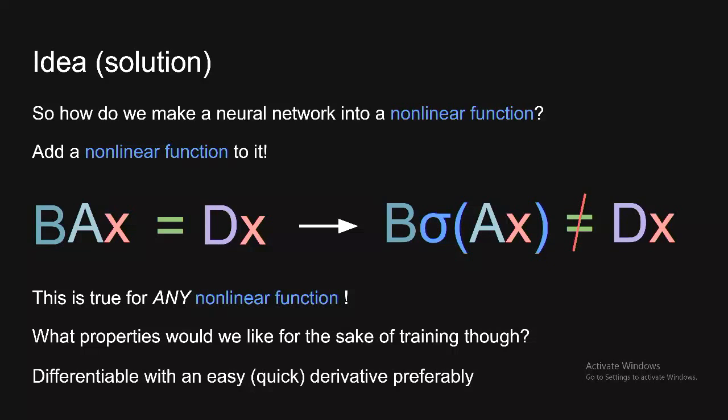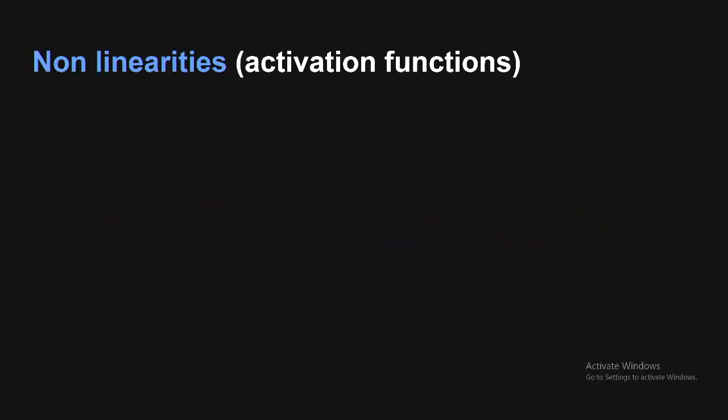So we want our nonlinearity to be very easy to compute the derivative of, and the forward pass of. The forward pass is just calculating the function. So we want both of those to be very quick, if we can. So let's talk about 3 major ones that are used and talk about the pros and cons of each.